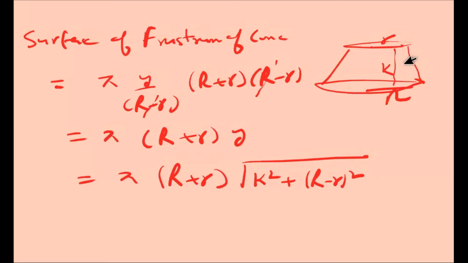Now if the base is given and you want to find the total surface, add this one and this one. If this base is also given, then you can add this one to this one. This area is pi r square and this area is pi capital R square. It is a circle.